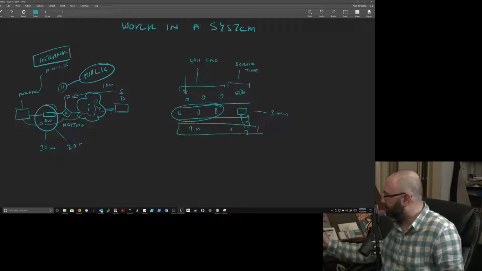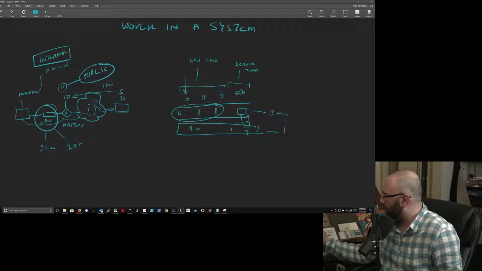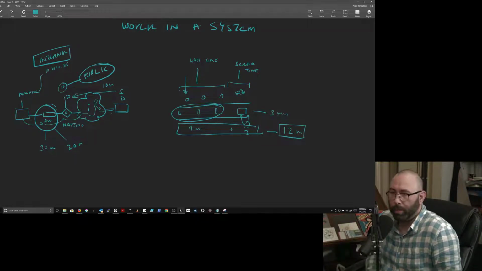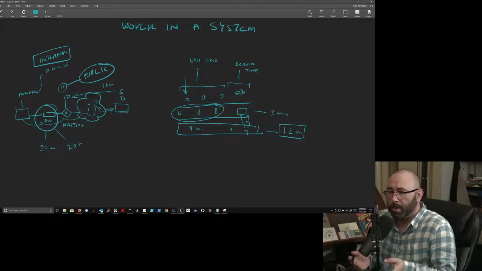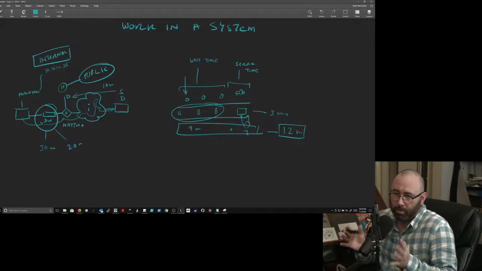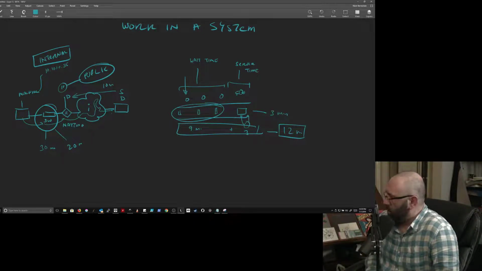So here we're going to have a total of 12 minutes in line. Another way to say this is that the amount of time in queue is going to be 9 minutes. The queue is basically the buffer, or the people in line, or whatever it is that's not being serviced.